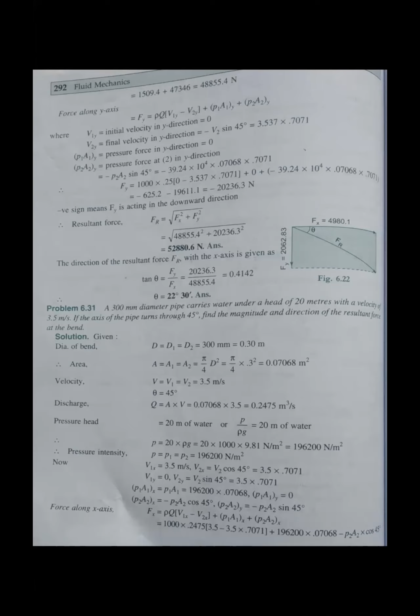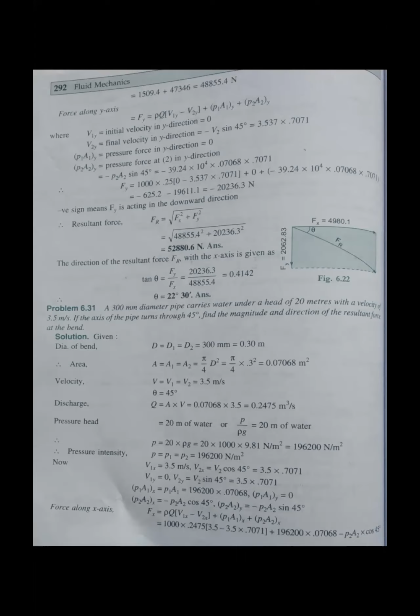So in that way, you generalize first: P1A1 in the y direction plus P2A2 in the y direction, for example, and equate to the change of momentum in the y direction, rho Q into V2 in the y direction minus V1 in the y direction. What is V1 in the y direction? The entering velocity when resolved in the y direction.